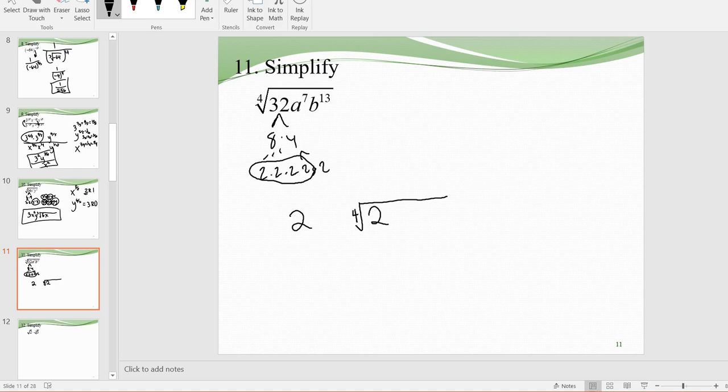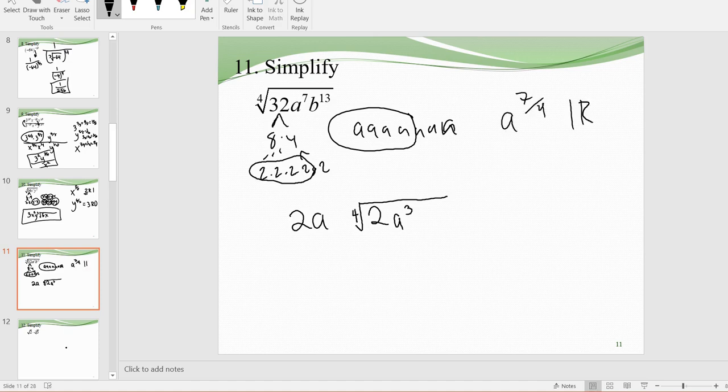The a's, I could write out 7 a's. Circle 4, an a comes out, we're left with 3 on the inside. I could think of that as a to the 7/4, which would be 1 remainder 3. 1 comes out, 3 remain. B to the 13th.